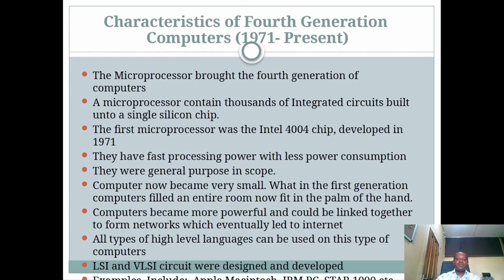In the third generation computer system, we started seeing some high-level languages coming up, like Fortran, like COBOL and the likes. But when we talk about fourth generation computer system, this computer system supports all types of high-level programming languages.